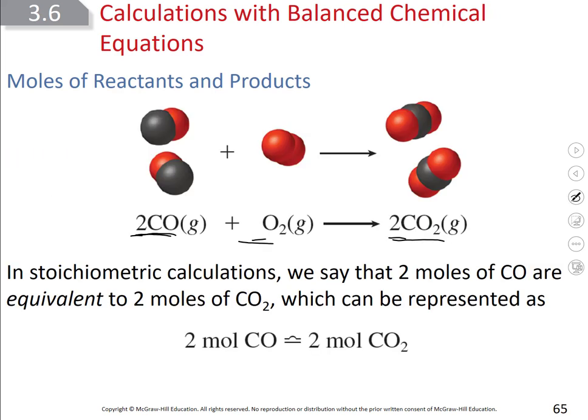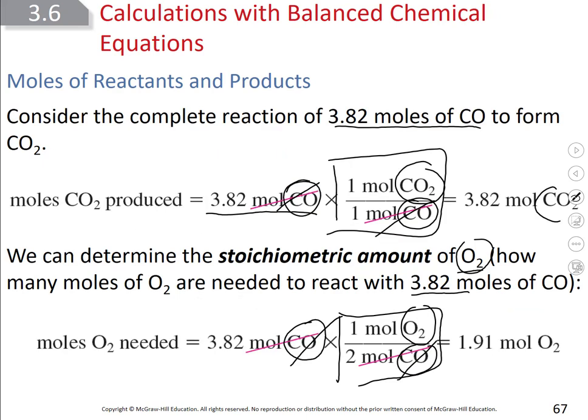There is 1 oxygen to every 2 COs. Multiply the ratio and we get 1.91 moles of O2. That is the most important step of stoichiometry, assuming you're in moles: multiply by the molar ratio to go from one thing in a reaction to another.